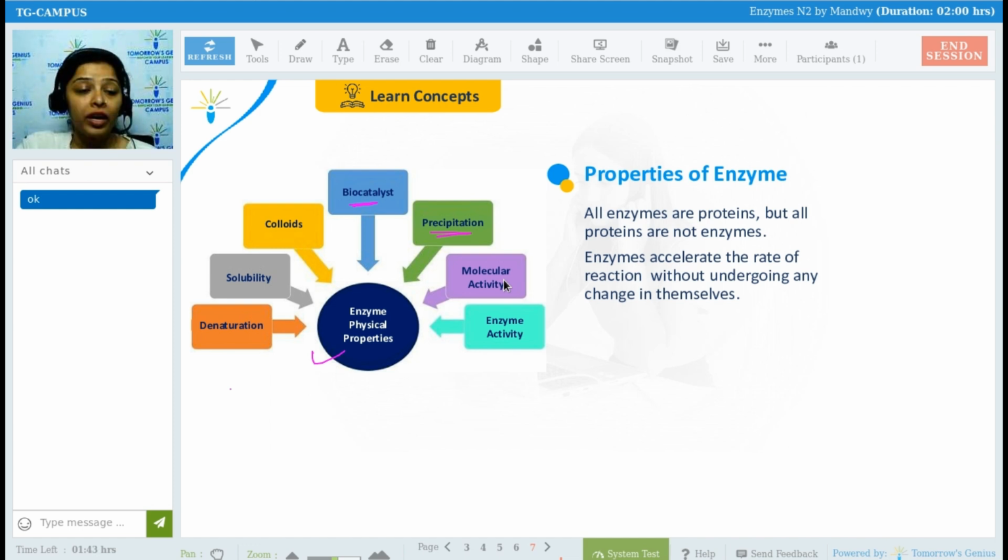So here, precipitation in enzyme. We already know the enzyme is a fluid substance.